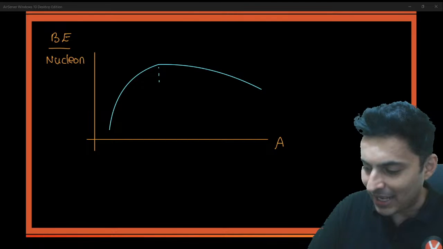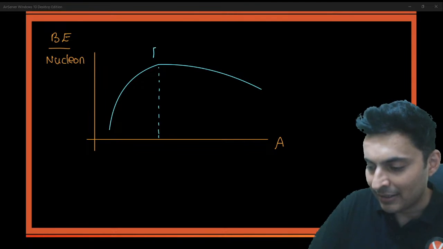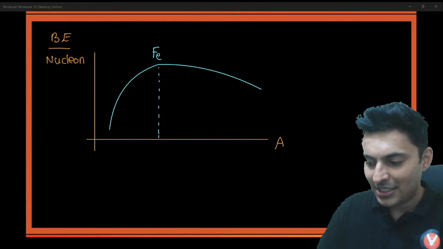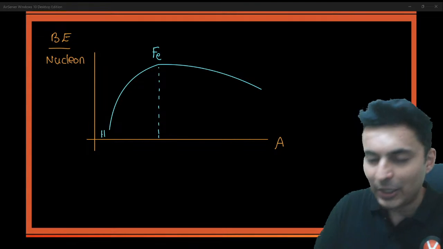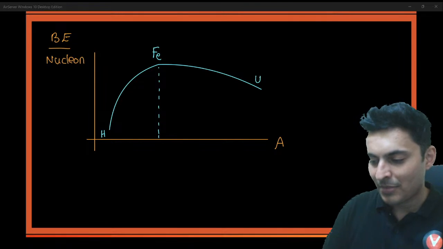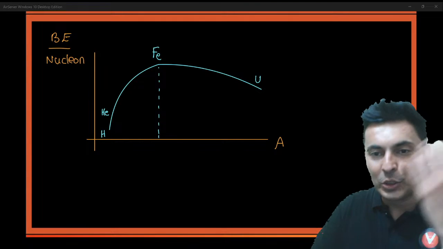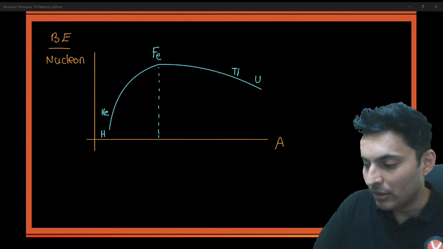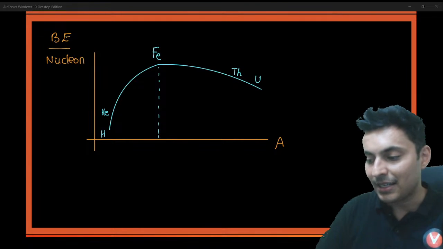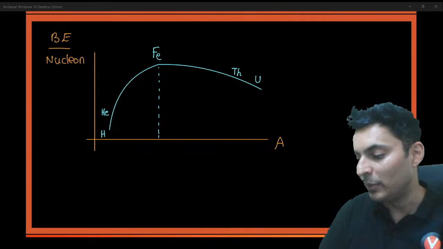Well, it becomes maximum at the atomic mass number of iron, Fe. It starts off right from hydrogen and goes till heavy elements like uranium. Hydrogen, helium, lithium, all those things come here. Uranium, thorium, all those heavy elements will come on the right hand side. Here you have iron, lead, all those things somewhere in between.